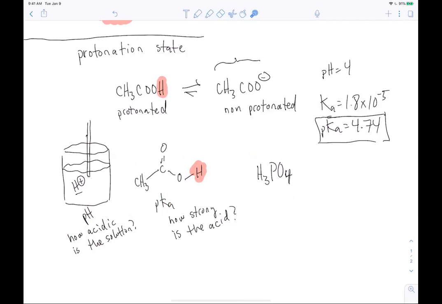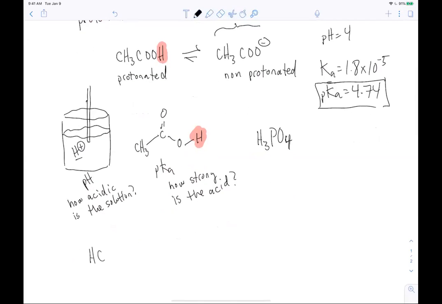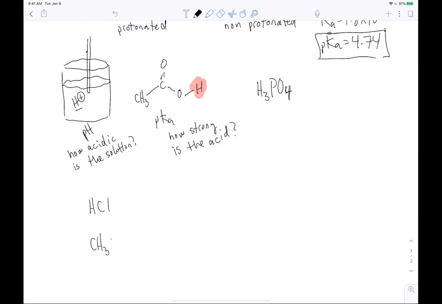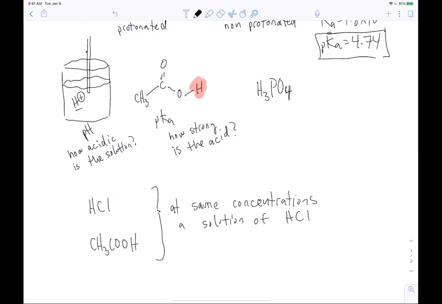So to draw the bridge between these two ideas of pH and pKa, if you're looking at two different acids like HCl versus acetic acid at the same concentrations, a solution of HCl will have a lower pH.